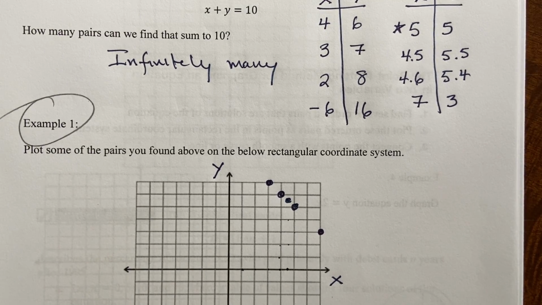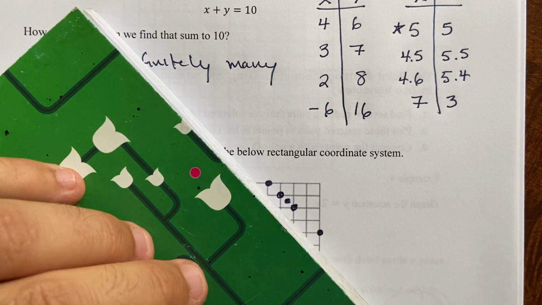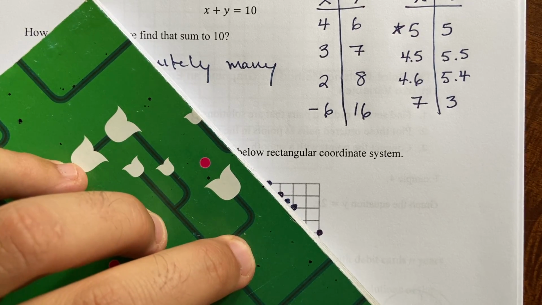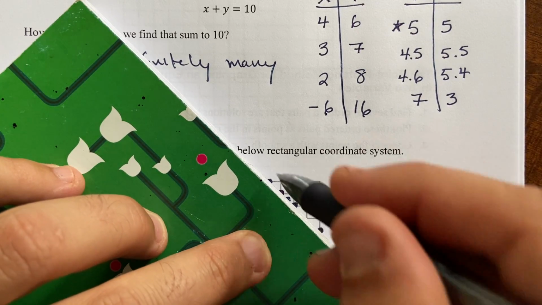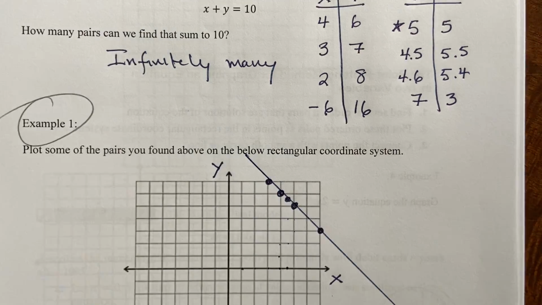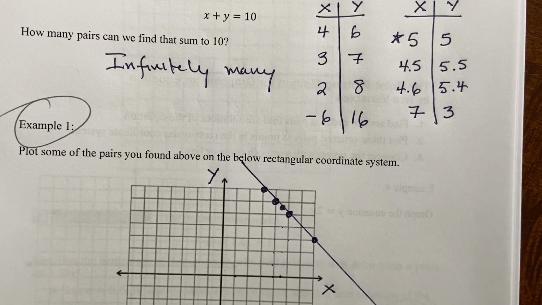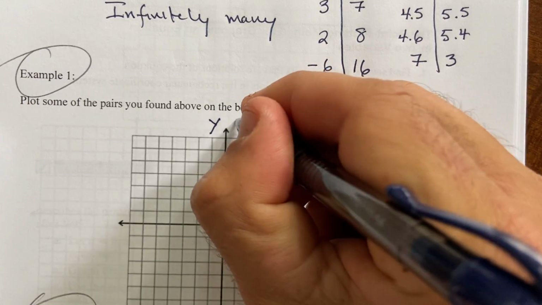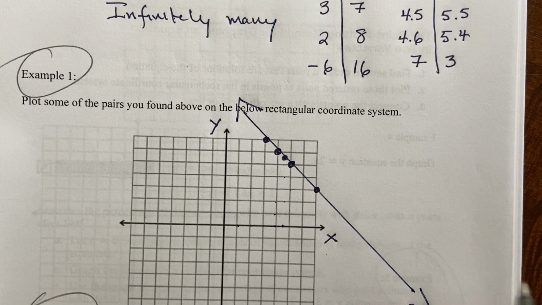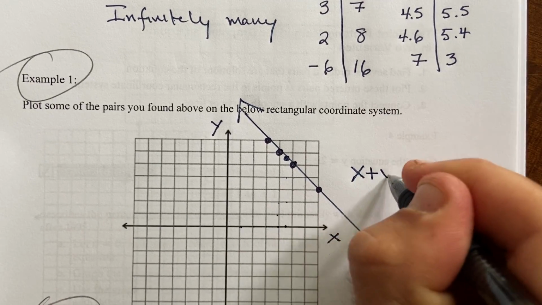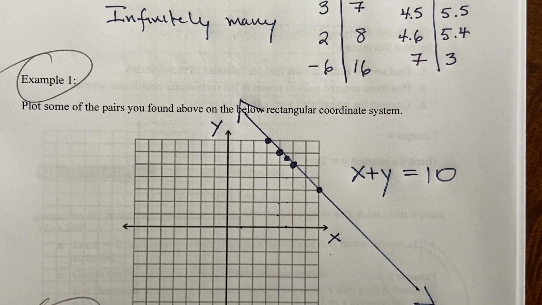And if you do this infinitely many times, I'm going to use this other book as a straight edge. But if you do this infinitely many times, then what you end up getting is this line. And that is what a graph is. So this is the graph of x plus y equals 10.